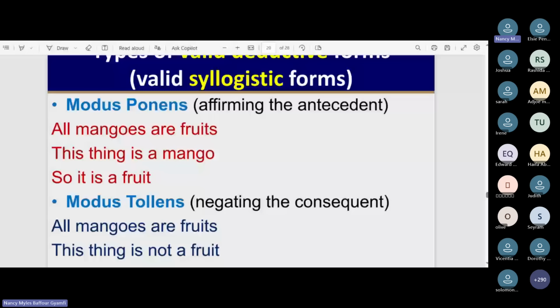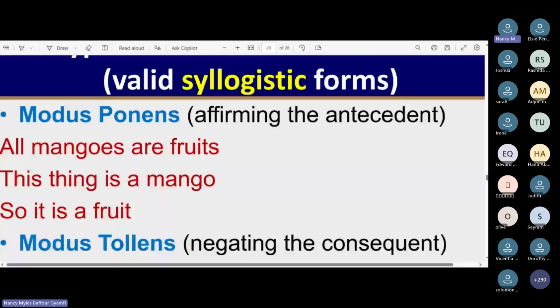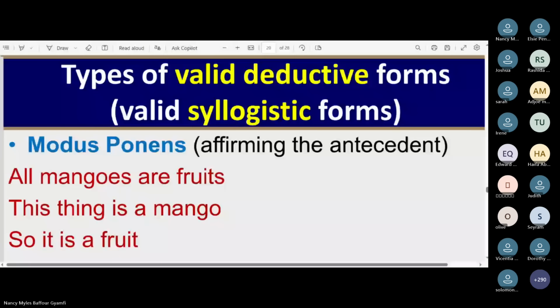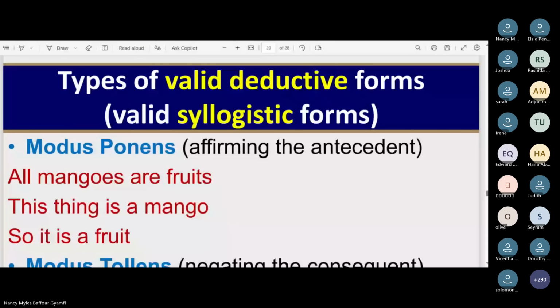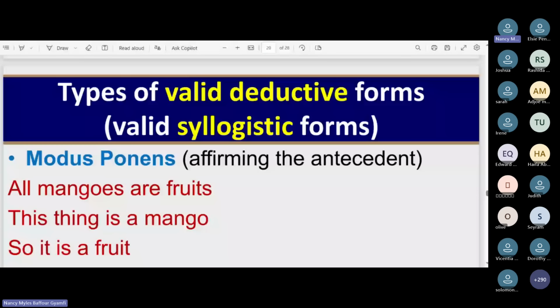If Kofi comes home early, then he will go for a haircut. That is the given main premise, the main one, the universal, the conditional. See that? That's the mother premise I've given you. If Kofi comes home early, then he'll go for a haircut.